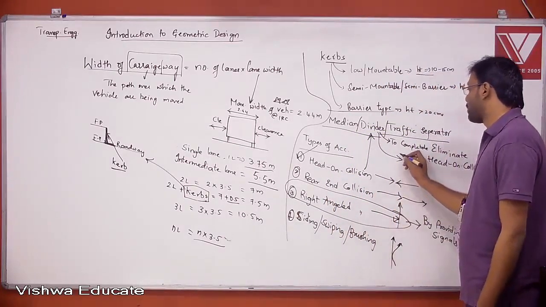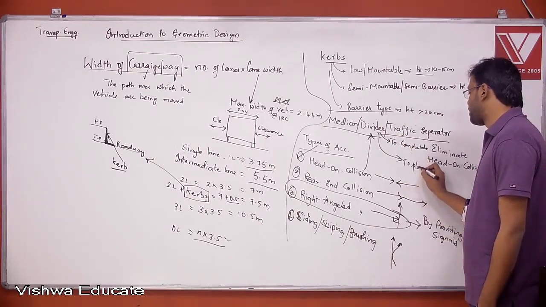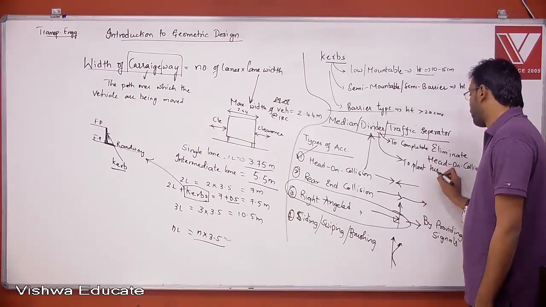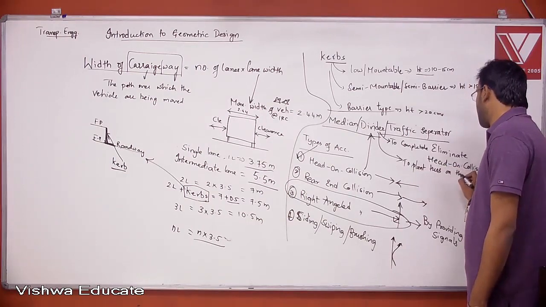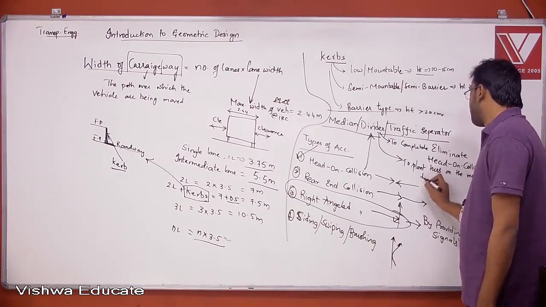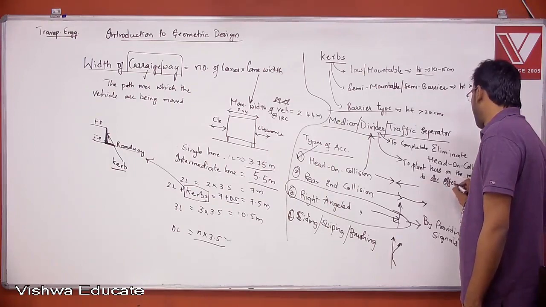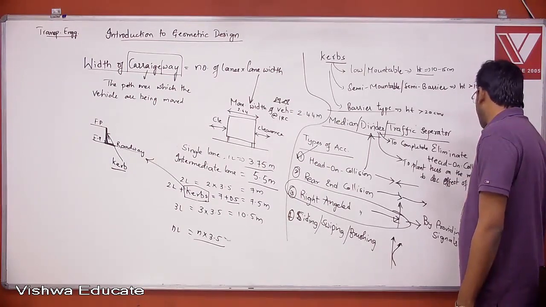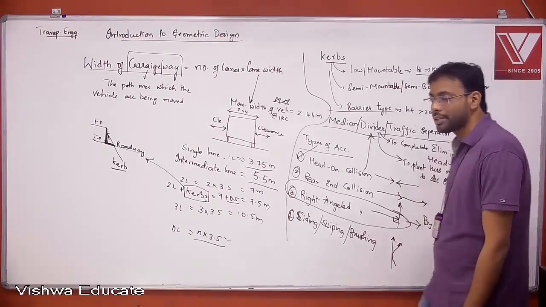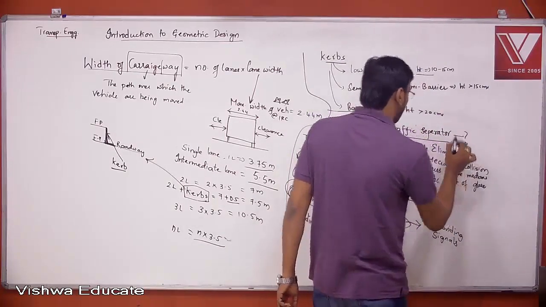So the other purpose is to plant trees on the medians to decrease the effect of glare.